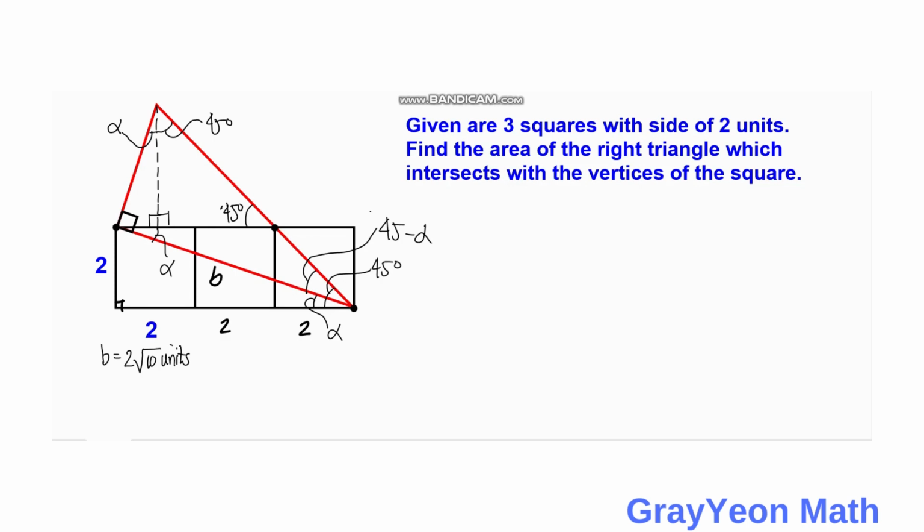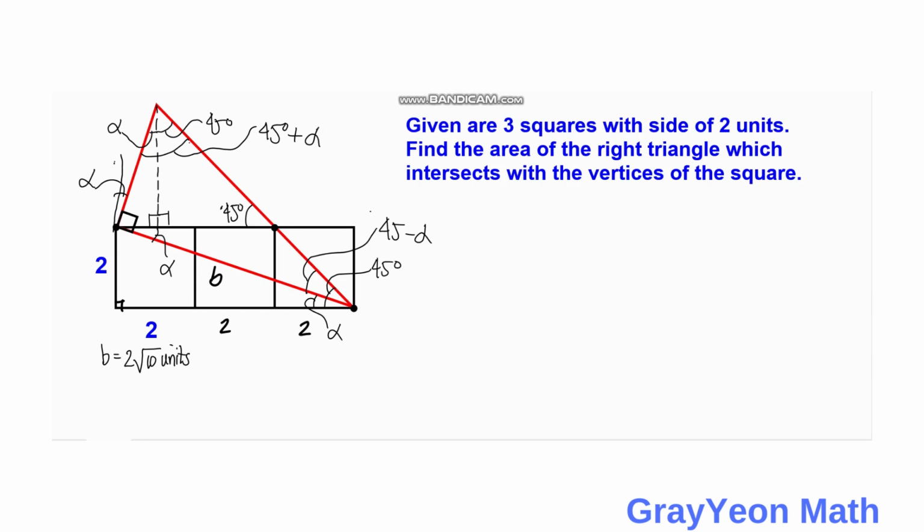And if that is alpha, then since this one is alpha, this whole angle should be 45 degrees plus alpha.